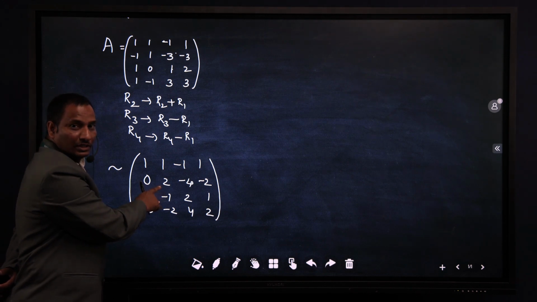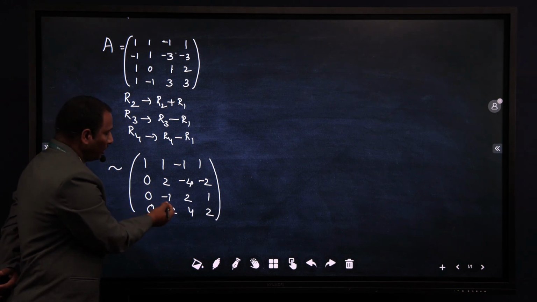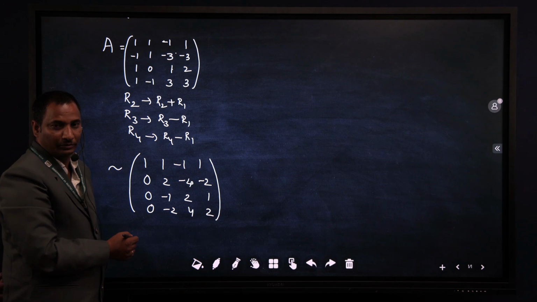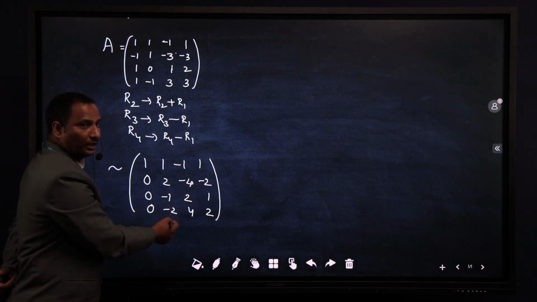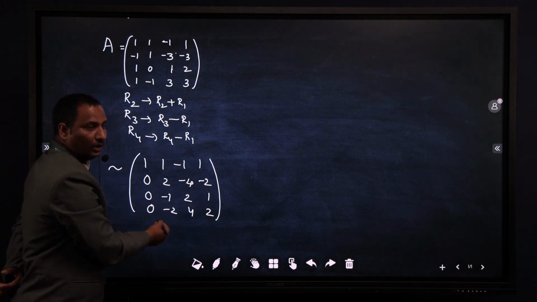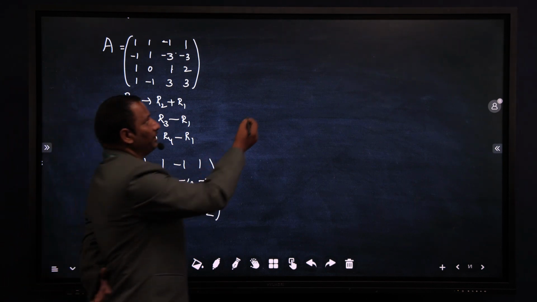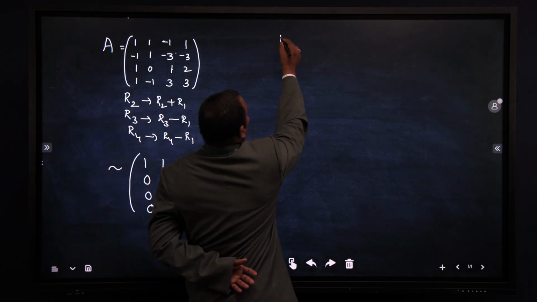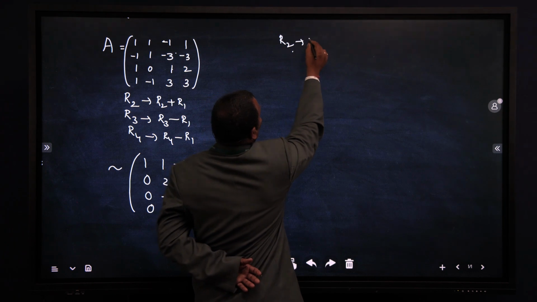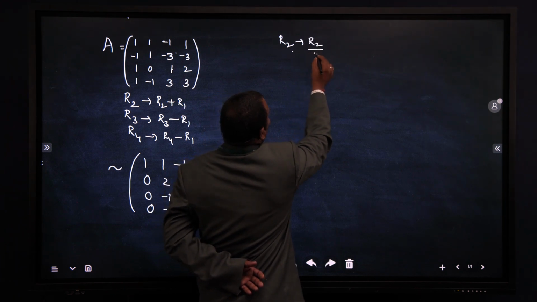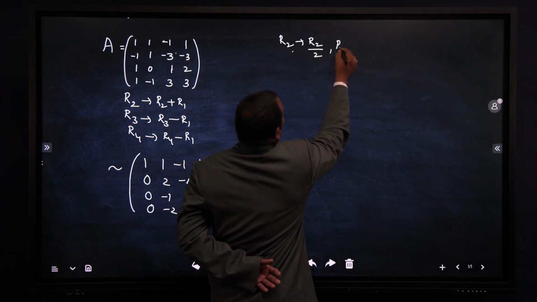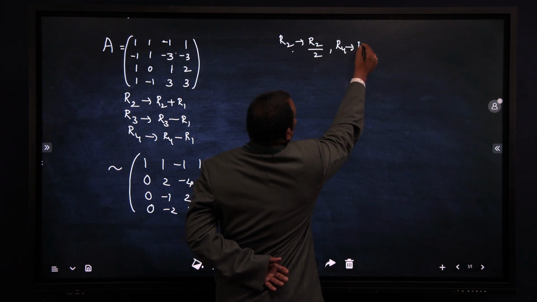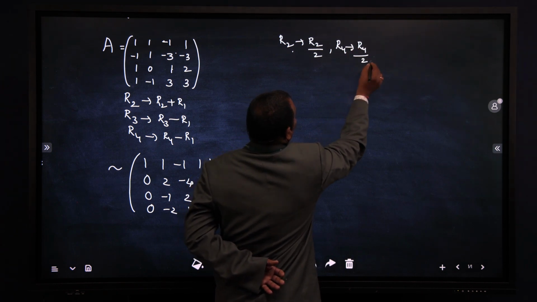Next, using the second row's second element, make all other rows' elements 0. For our convenience, we make the changes in R2 and R4. So R2 implies R2 by 2, R4 implies R4 by 2.